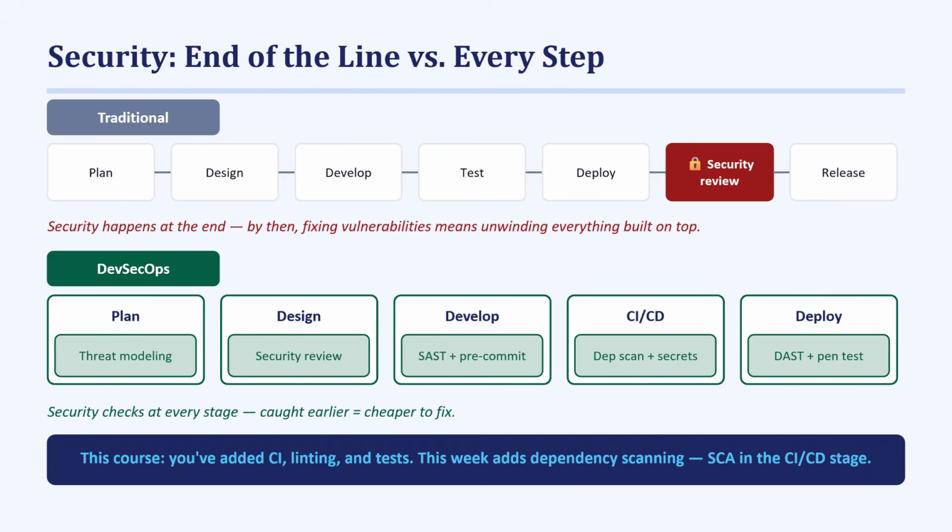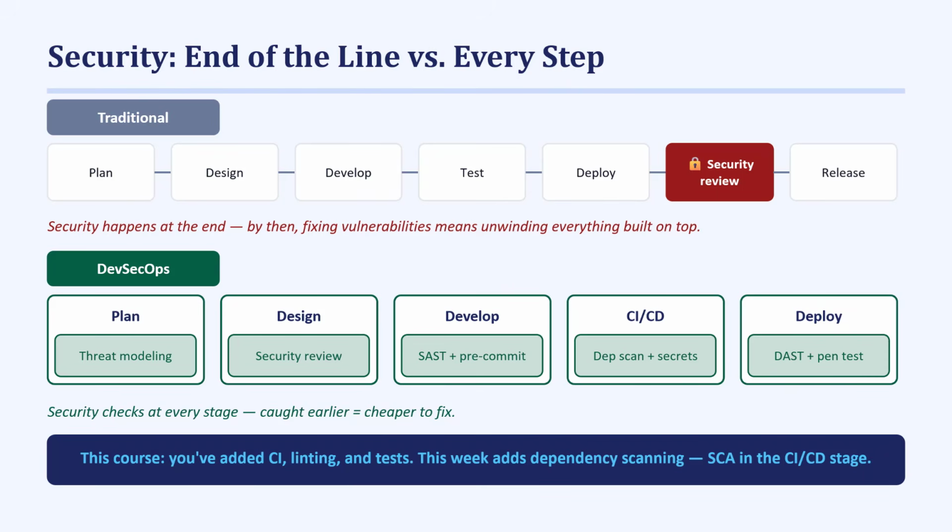So thinking about shifting security left, our traditional model would go: we plan, we gather information, what is the problem, what is the business logic, we design, then we develop, then we test, then we deploy, and then there's a security review in there somewhere, and then we release.